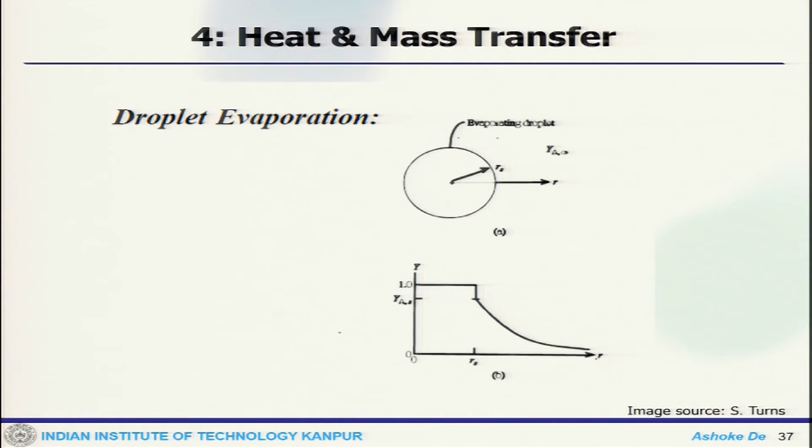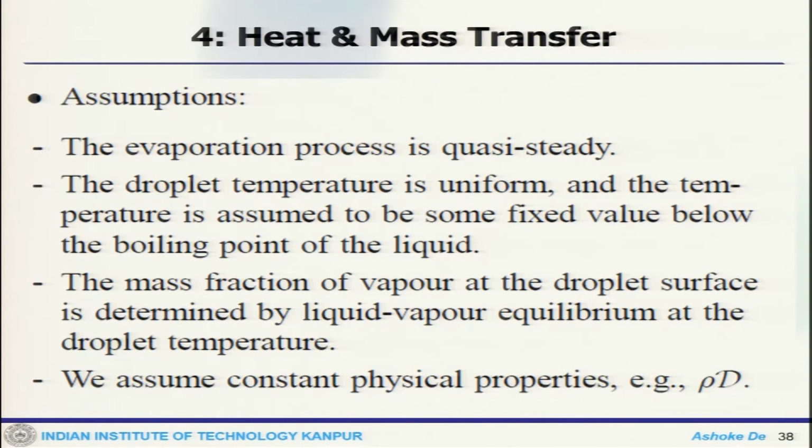So, this is an evaporating droplet, this is the radial direction, the surface radius is R s, and this is y a infinity, and this is how y and r will vary. So, there would be some assumptions associated with that. First assumption is that the evaporation process is quasi steady.